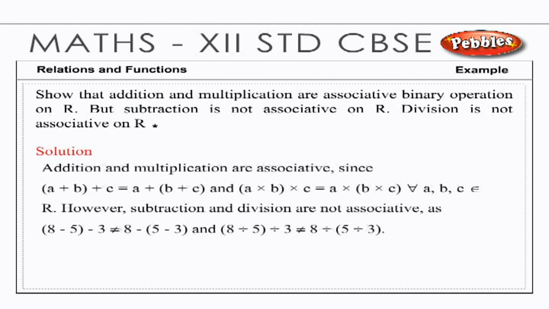Addition and multiplication are associative since (a plus b) plus c is equal to a plus (b plus c) and (a into b) into c is equal to a into (b into c) for all a, b, c belongs to R. However, subtraction and division are not associative as (8 minus 5) minus 3 is not equal to 8 minus (5 minus 3), and (8 divided by 5) divided by 3 is not equal to 8 divided by (5 divided by 3).